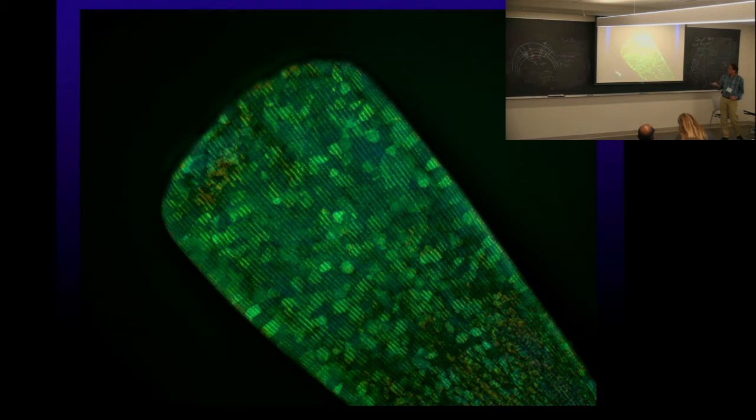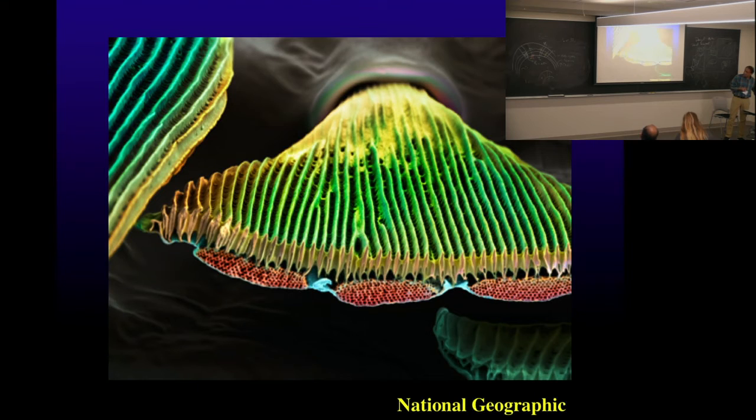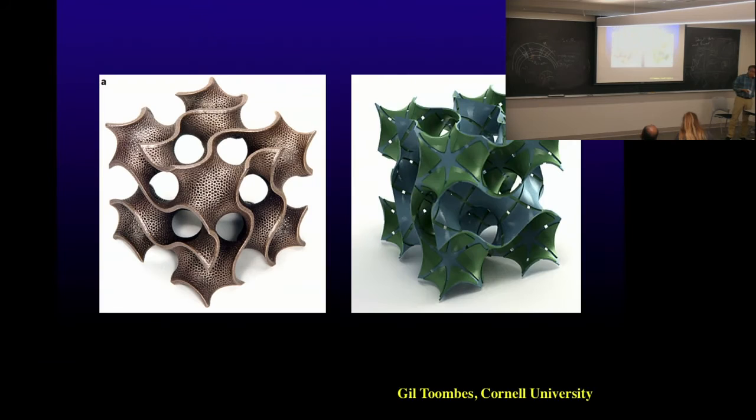If you look at an individual scale from that butterfly, we're just shining white light down on it, but what you're seeing is that because of the constructive interference, you're just seeing green light come back at you. And you see that that seems to be in facets inside of the scales as opposed to on the ridges like you see from morphos. If you crack open one of these scales, what you see is that there are these honeycomb structures in here. These honeycombs have a very specific shape.